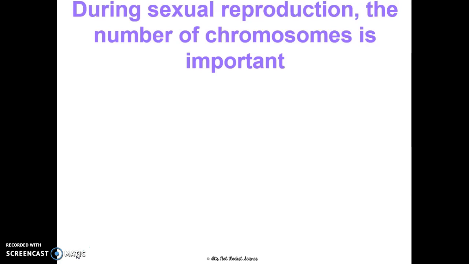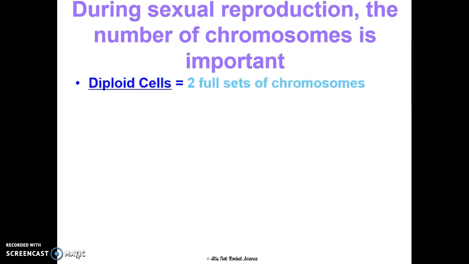So this is where our diploid and haploid cells come into play. So recall our somatic cells, our body cells, are diploid, and our sex cells, our gametes, are haploid. So when it says diploid, what it means is it has two full sets of chromosomes.